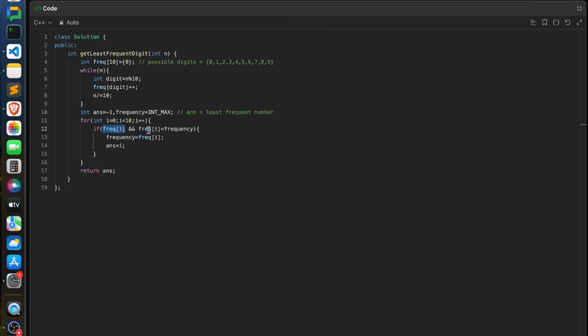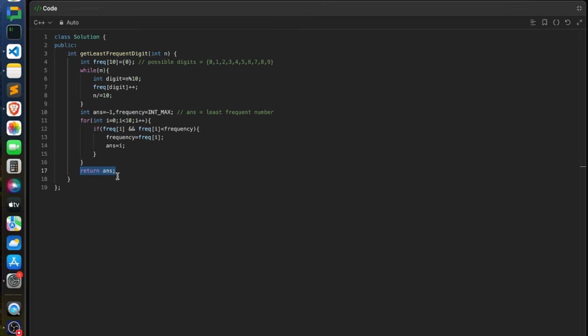If it is present and its frequency is less than my current optimal frequency, it means we got something better: a digit that occurs fewer times in the given integer. So just update your frequency and your answer, and at the end just return the answer. So yeah, this is the code of the first problem.